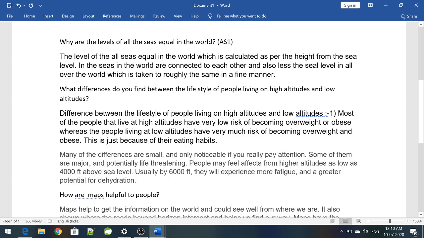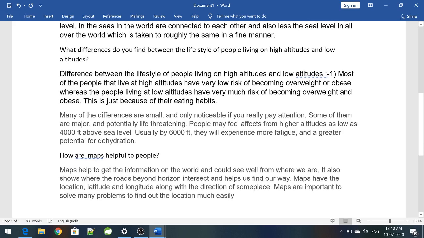Okay. What difference do you find between the lifestyle of people living at high altitude and low altitude? So this is the answer. Difference between the lifestyle of people living at high altitude and low altitude. 1. Most of the people that live at high altitude have a very low risk of becoming overweight or obese, whereas the people living at low altitude have a much higher risk of becoming overweight and obese.